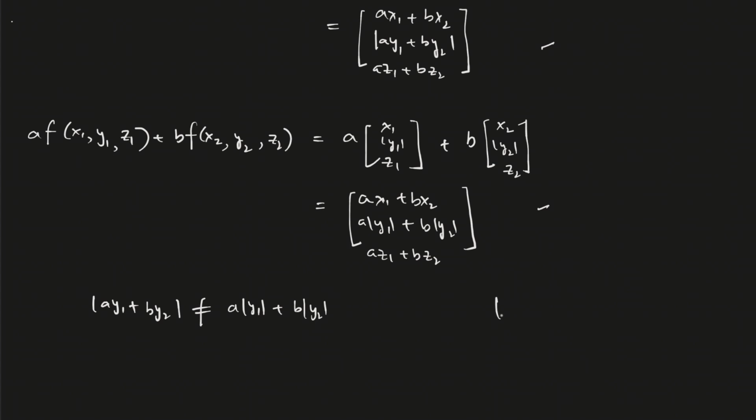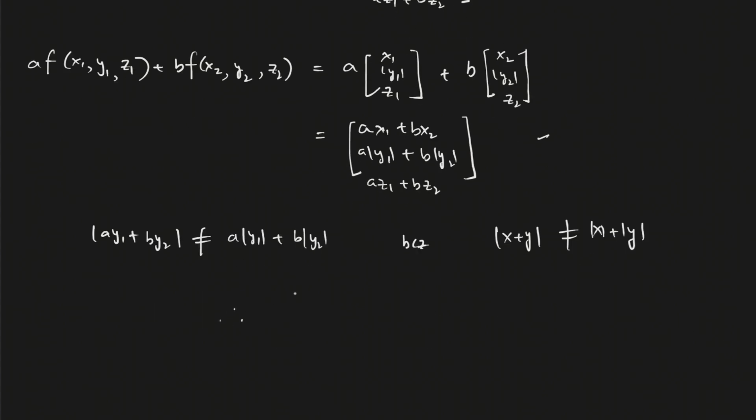So we know that mod of x plus y is not equal to mod of x plus mod of y. This is from the property of modulus. Therefore f is not a linear map.